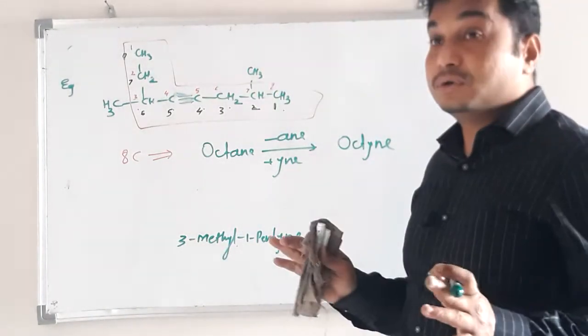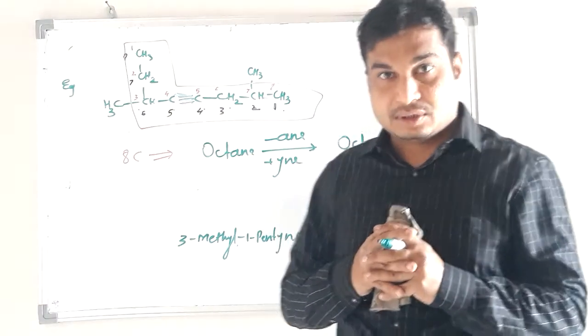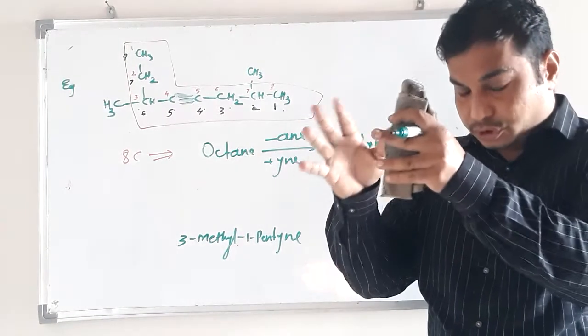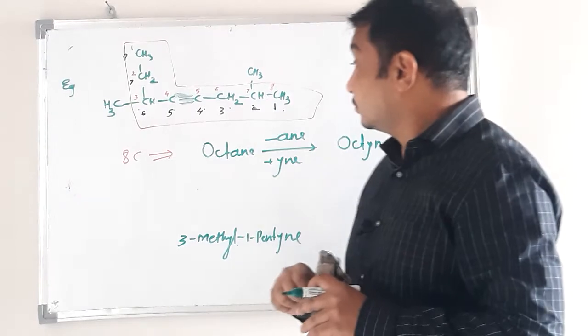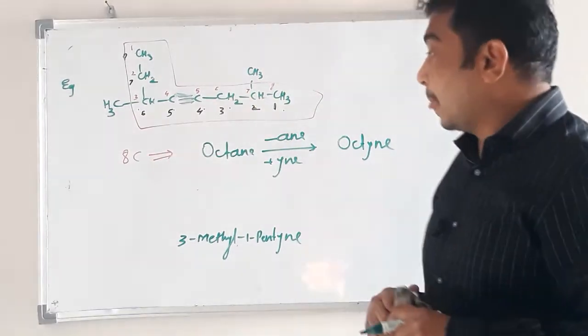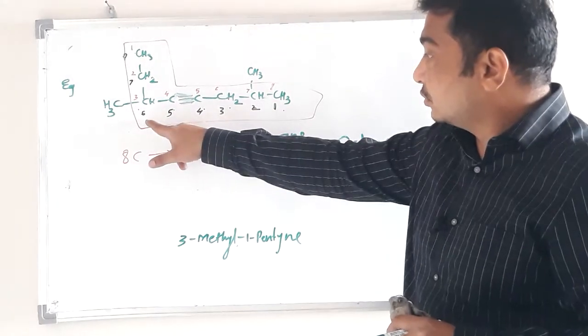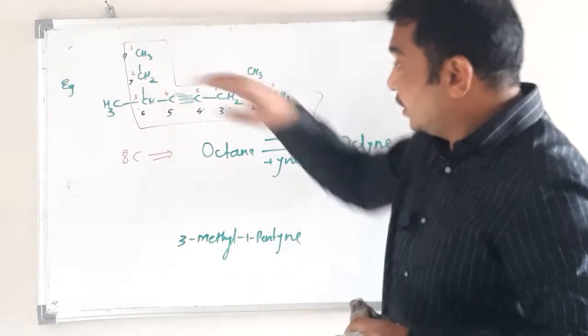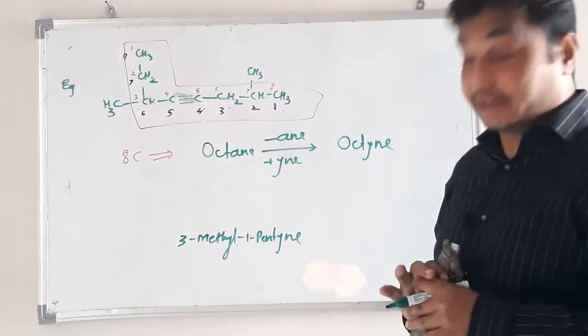Now we have to concentrate on the position of the substituents. What is the position of the substituents? From this side, the substituents get numbers 2 and 6, and from the other side the substituents get numbers 3 and 7. Which is correct?